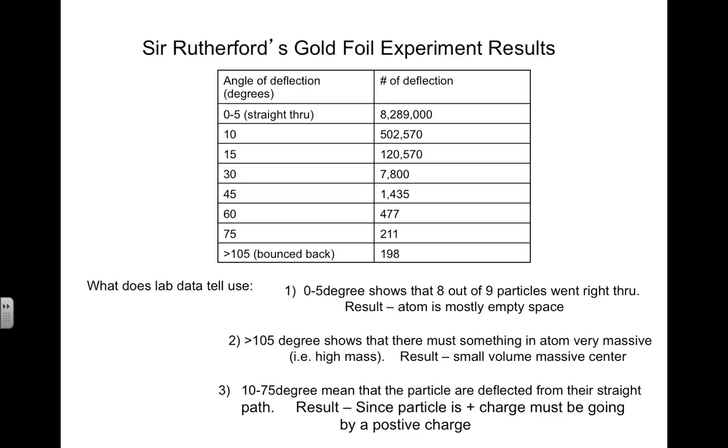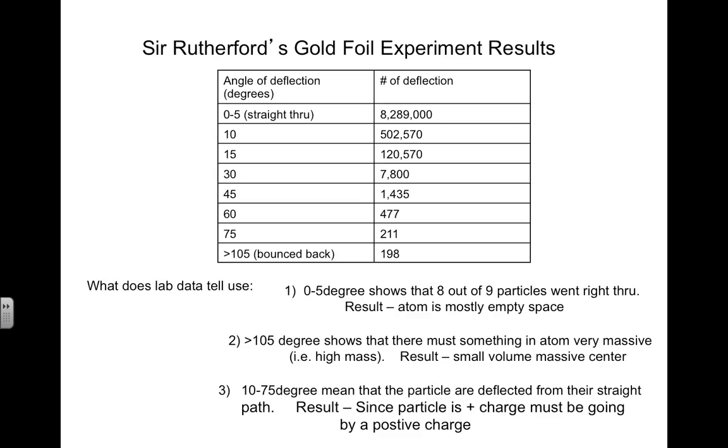The bouncing back indicates that this small sub-area is highly massive. Basically all the mass of the atom is in there, and the angles of deflection in between indicate that it's positively charged. And we call that, or he called that, the nucleus.